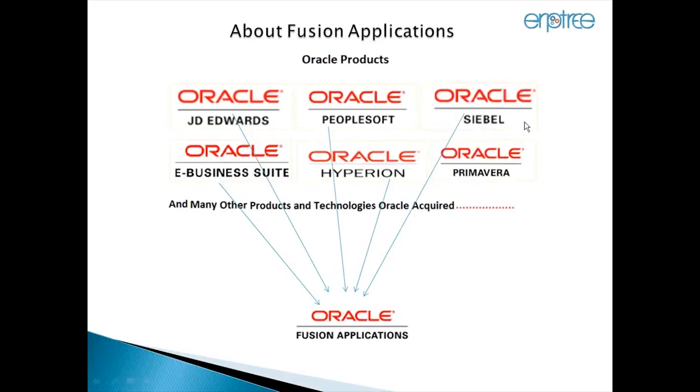If the client uses the CRM solution as part of Fusion Applications, that is a legacy of Siebel. The Siebel CRM is what we have as part of Fusion Applications. And if they use Fusion Financials, that is nothing but EBS Financials moved to Fusion. In the same way, the reporting they use as part of the General Ledger application is Hyperion Reporting.